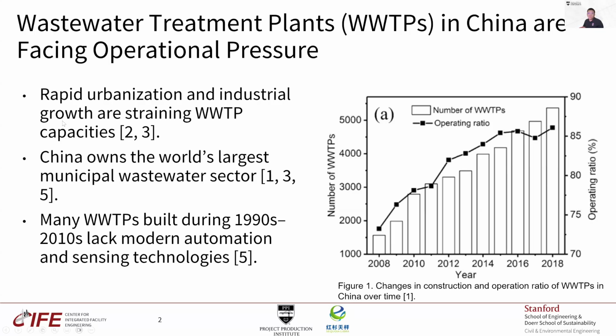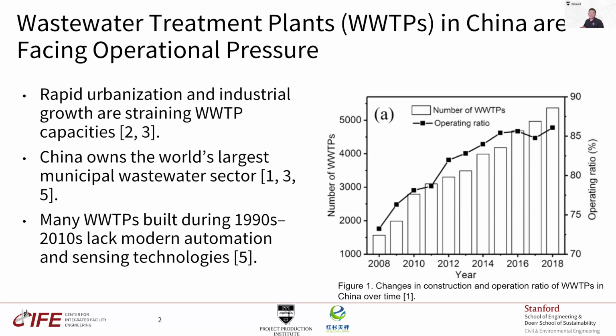As a result, most plants rely on labor-intensive operating processes. And because of the demand, the average operating load of these plants reached above 85% of the design capacity by the year 2019. So you could imagine it's still increasing these days.